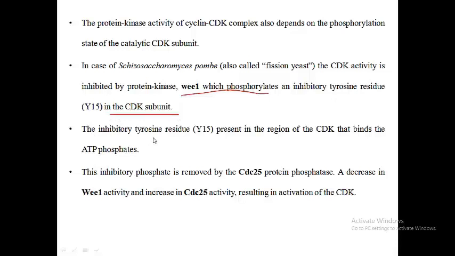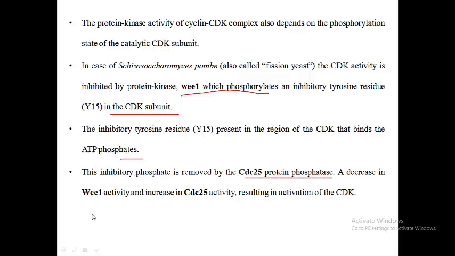The inhibitory tyrosine residue is present in the region of the CDK that binds the ATP phosphates. Okay, this inhibitory phosphate is removed by the CDC25 protein phosphatase.